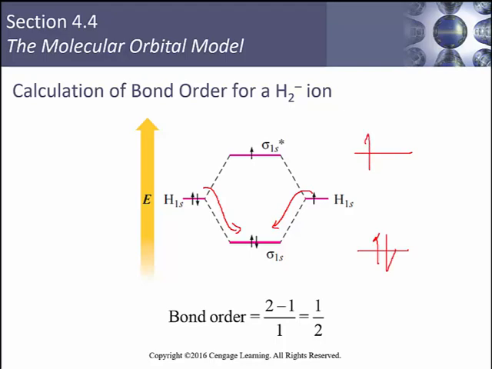And then we got a third one that's got to go into this anti-bonding orbital. So our bond order is going to be 2 minus 1, right? And it's going to be 1/2. 2 minus 1 over 2, which is 1/2. There you go.